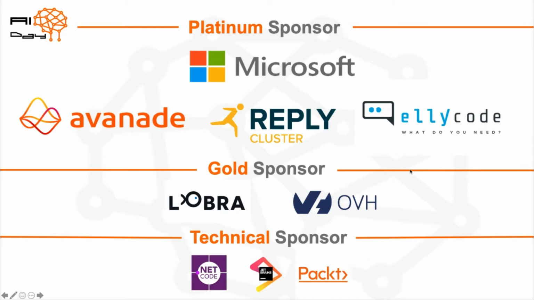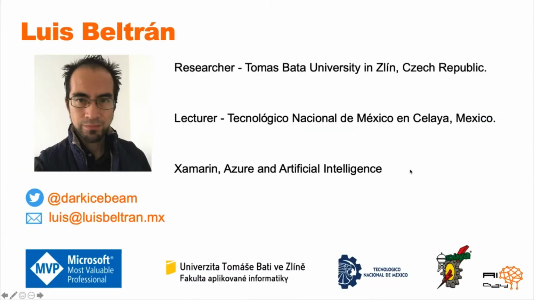So, okay, a little bit about me. My name, as I said, is Luis Beltran. I am from Mexico, but currently I am living in the Czech Republic because I am pursuing my PhD at Thomas Bata University in Zlín.